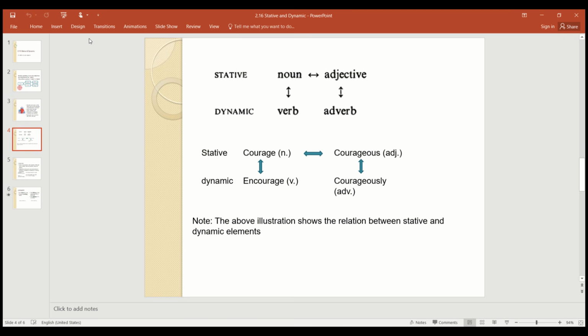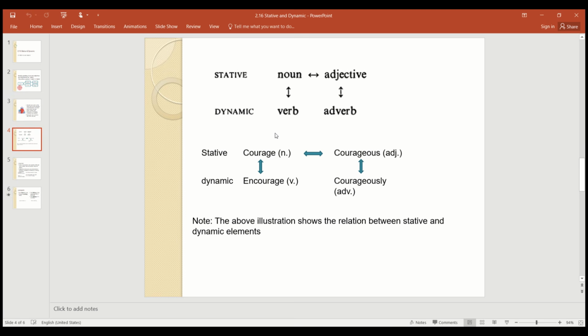You can find this diagram, this picture, on page 21 in your book. It shows the relationship between the elements that are on the stative horizon and the elements that are on the dynamic horizon. You see, there are some relationships between the two.